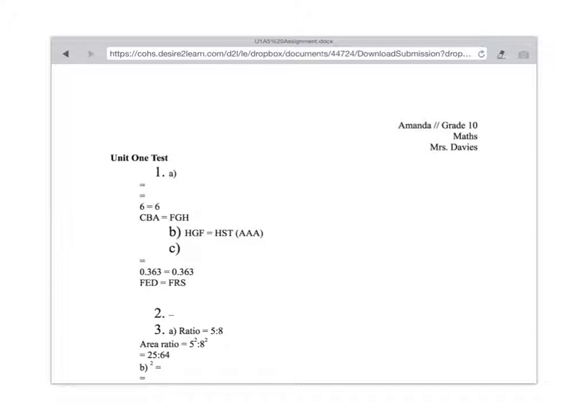For question A, you could write it like this. You could write side GF to BC equals side GH to BA equals side FH to CA.